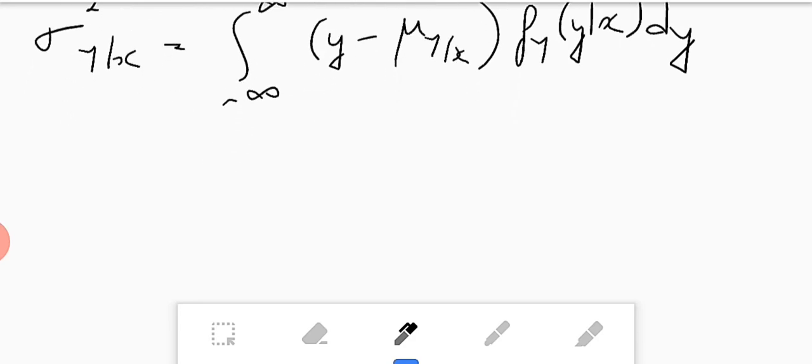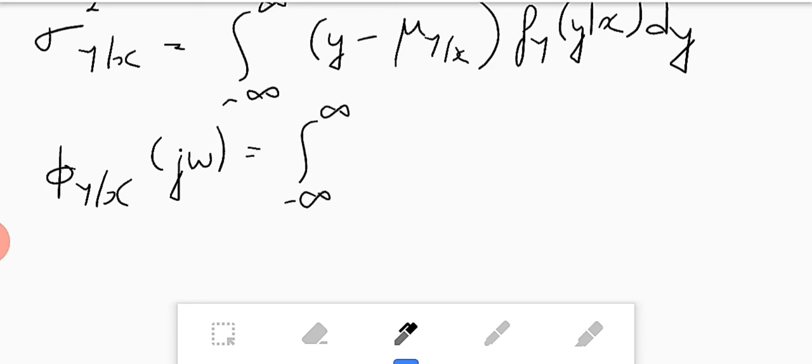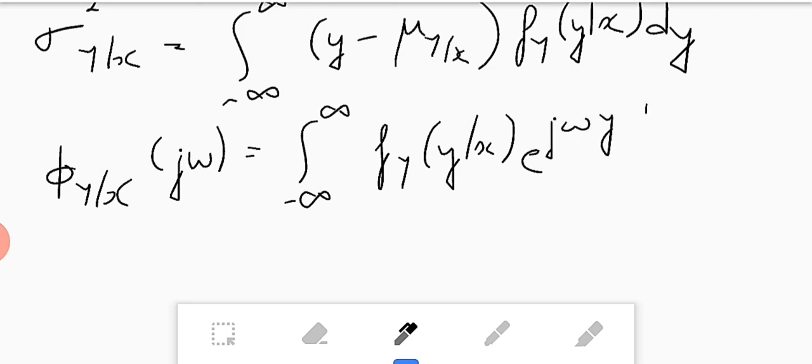Similarly, you can find the conditional characteristic function, the integral from minus infinity to infinity of e to the power j omega y times the conditional PDF dy. Similarly, you can see how the conditional mean, variance and characteristic function for variable x might play out.